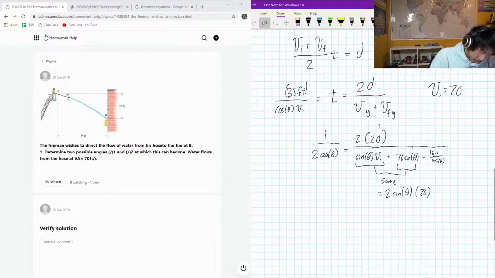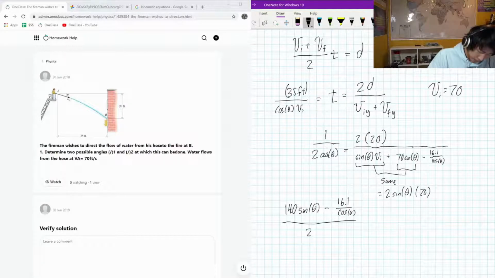Okay, so we're going to have 2 times 70, that's 140 sine theta, minus 16.1 over cos theta, whole thing divided by 2 cos theta.